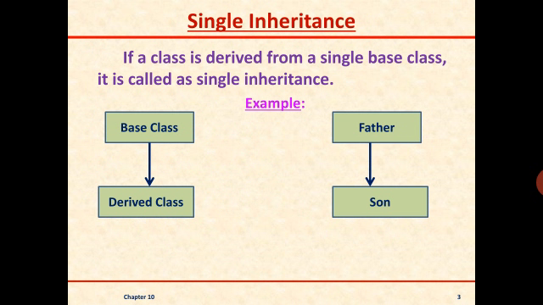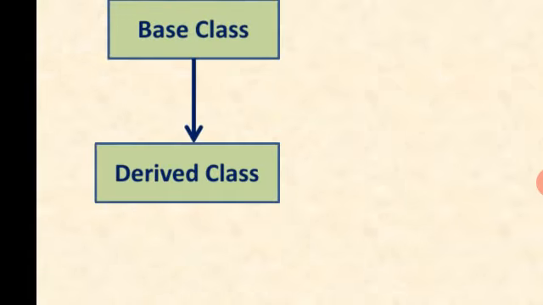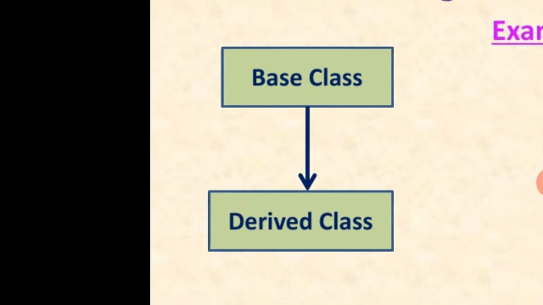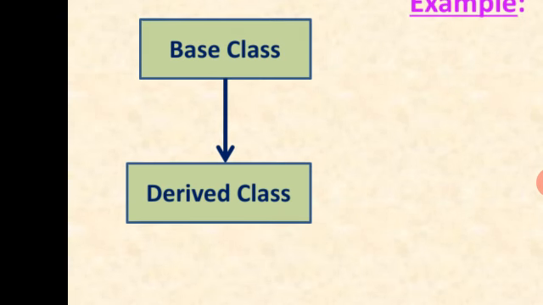First one is single inheritance. It means that if a class is derived from a single base class, it is known as single inheritance. You can see here, students, there is a base class, and from only one single base class we are obtaining a new class.